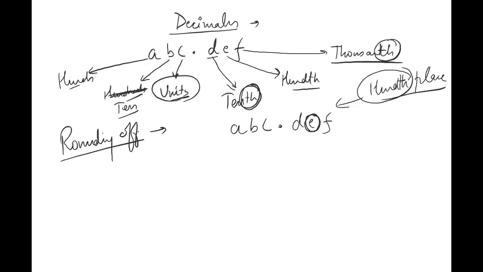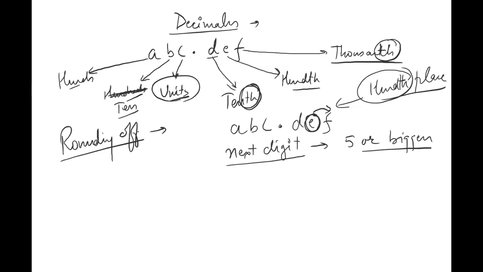Now we need to see the next digit immediately next to it. If that is 5 or bigger, I mean, if F is 5 or more, we'll increase this number by 1. Otherwise, we'll keep it same if the next number is less than 5.